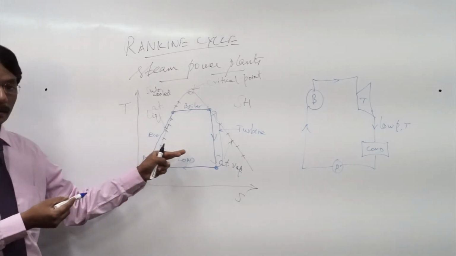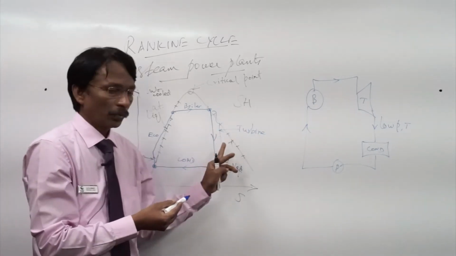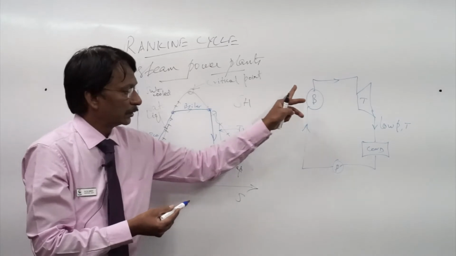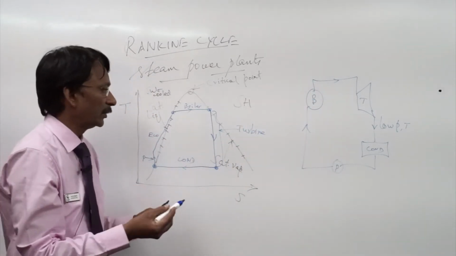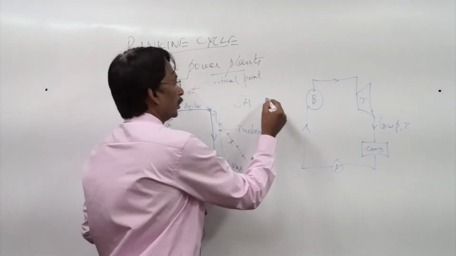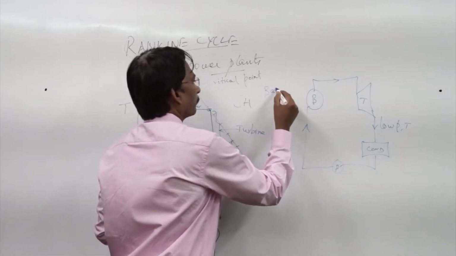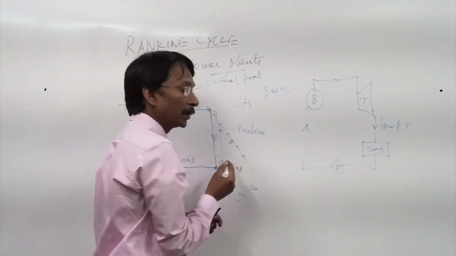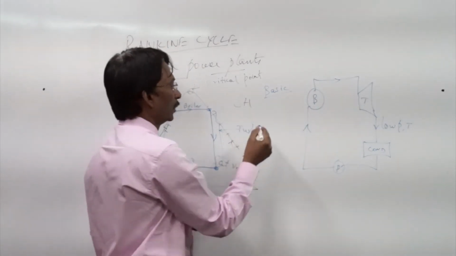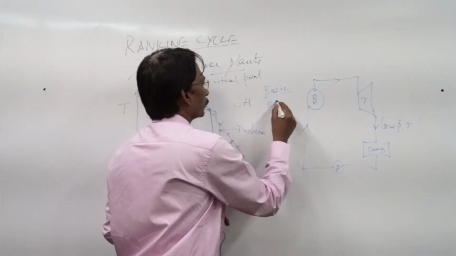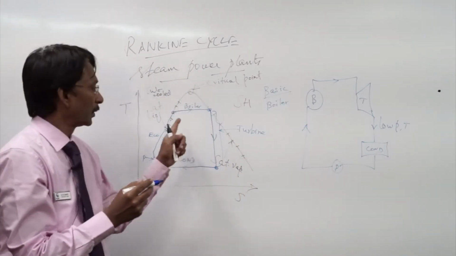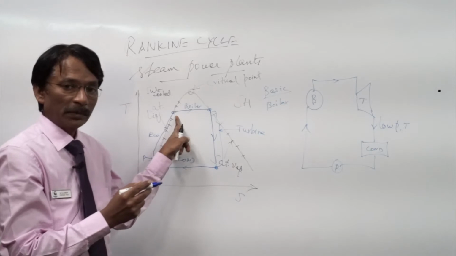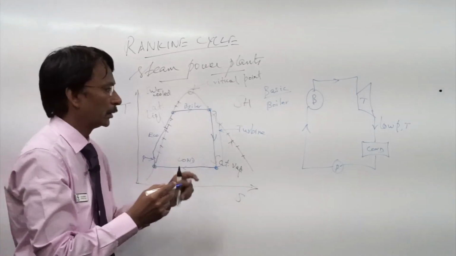We call it basic Rankine cycle because it involves the representation of the basic components in a thermal power plant. So what are the basic components in the thermal power plant? You have basic or essential components in a thermal power plant. We have the boiler, whose job is to convert saturated liquid into saturated vapor.